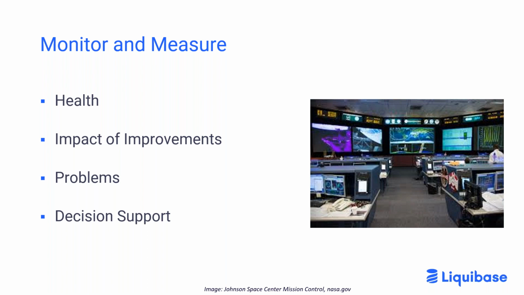Or does it need further fine tuning, or did it go the wrong way and you have to fix it? This kind of decision support and visibility is the next thing you're going to have to adopt or adapt into your environment to take the next stage and go that much faster.